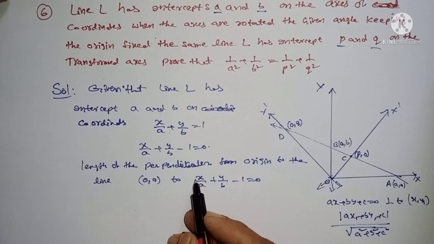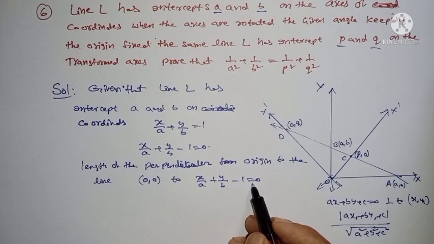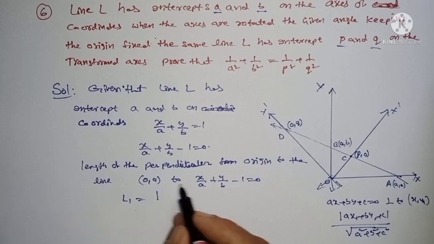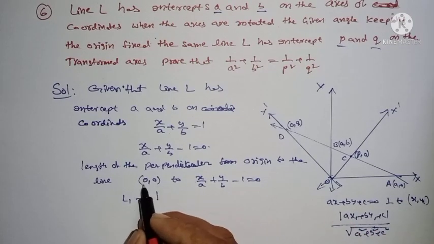Then here the given equation is x/a + y/b - 1 = 0. Therefore the length L1 is equal to mod of... you can replace x1, y1 as x, y, but here x1, y1 is (0, 0).